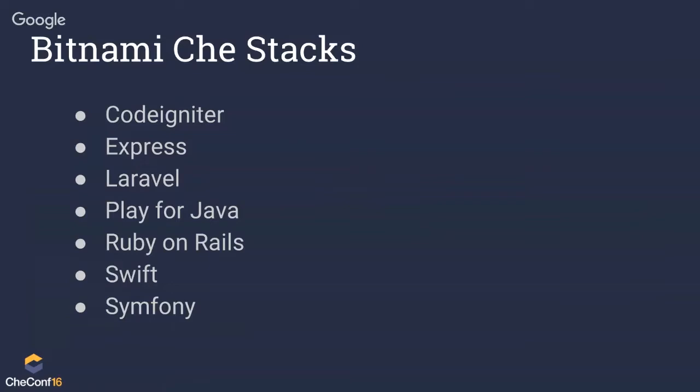And today I mostly want to talk about how Eclipse Che and Bitnami stacks sit together really nicely with each other, and how they complement each other well, and what's sort of available pretty easily if you start using them.